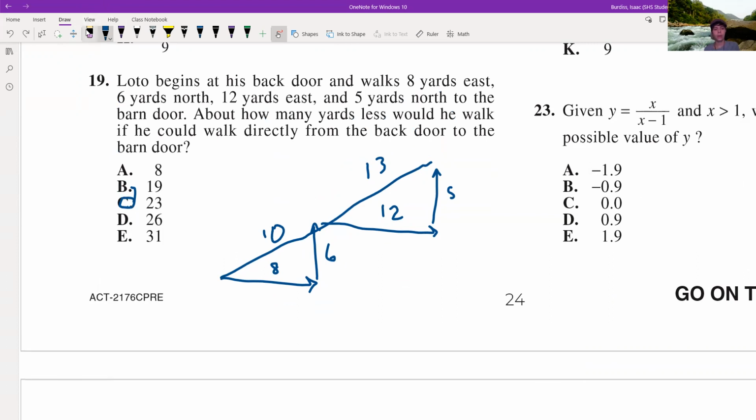It is not 23. And does anyone else know why dumb OneNote does this sometimes? You can't click on the eraser or something. Okay, it is actually 8. Why? It says how many yards less, not how many yards would it be. So what did it actually take him? 8 plus 6 plus 12 plus 5 is 31, minus the 23 that it would have taken him, and you get how much less, so 8.